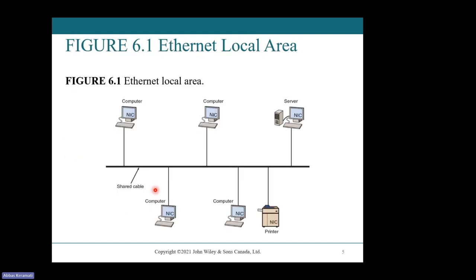So here, this is an Ethernet local area network, another example of a LAN. This graphic shows a specific type of LAN, Ethernet, where computers are connected through a shared cable.